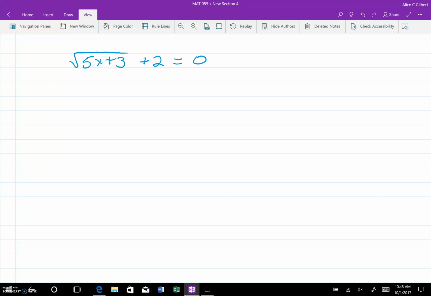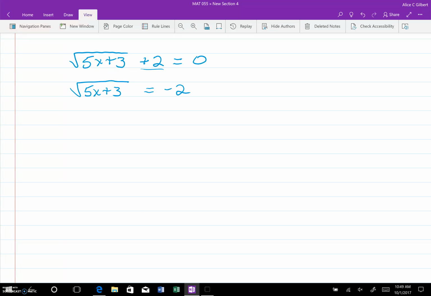So here's the thing. In order to do these kinds of problems, I have to have one radical term all by itself on one side or the other of the equal sign. Well, this guy is not by himself. He still has a plus 2. So let me get rid of him from this side before I can start this problem.